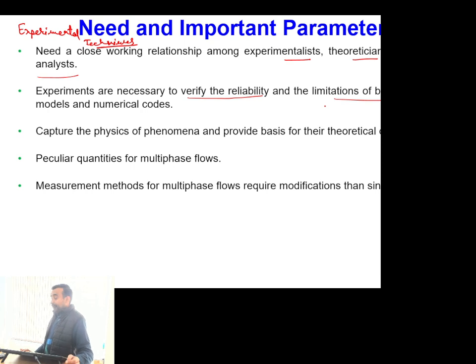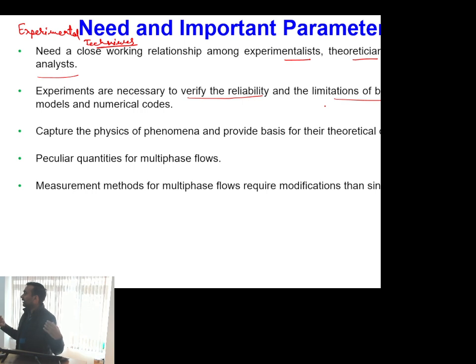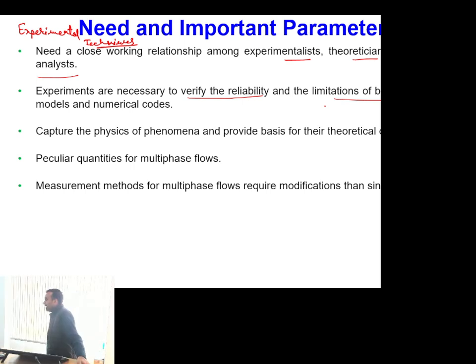If we have this type of complex situations, then in theoretical analysis our assumptions may not be sufficiently able to capture the full dynamics of that particular phenomenon. That's why the theoretical analysis may not be foolproof, so we may have to go for the experiments.